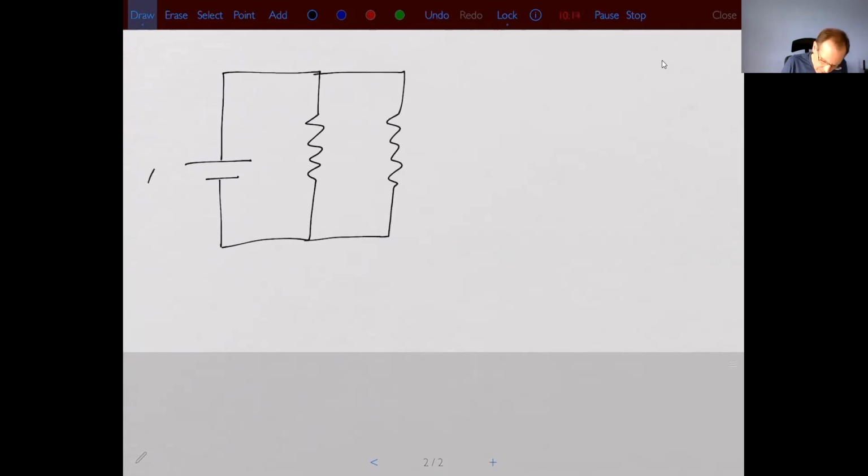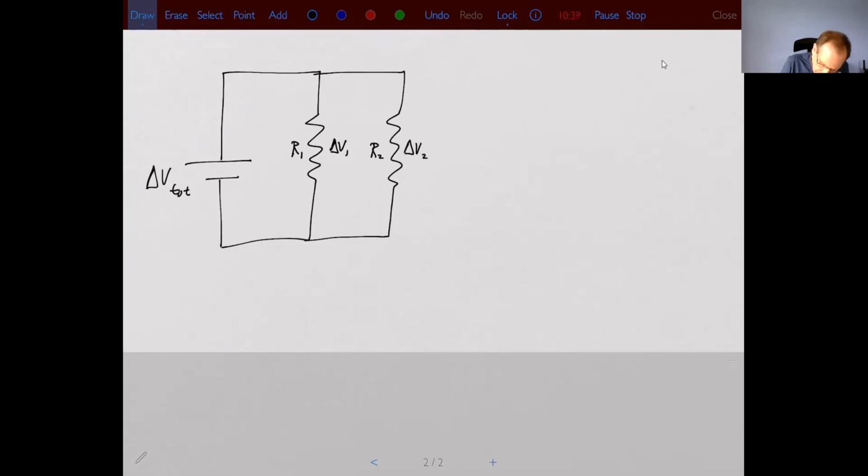So this is delta V total. This would be, say, R1, and the voltage drop across it would be delta V1. This would be R2, and the voltage drop across it would be delta V2.